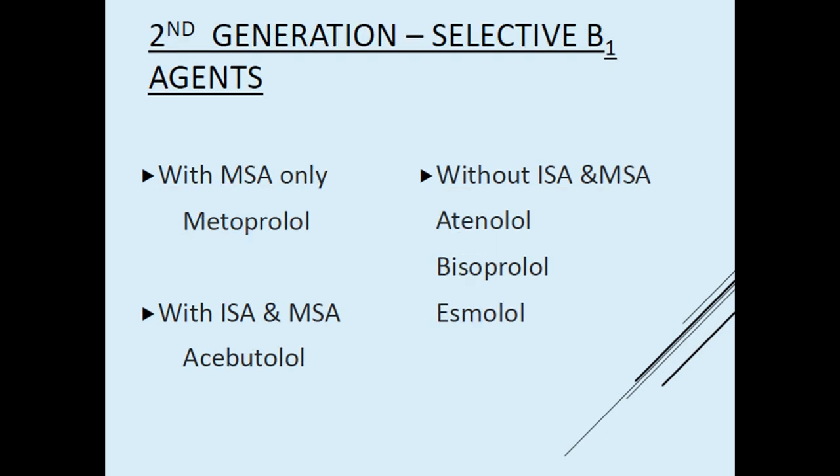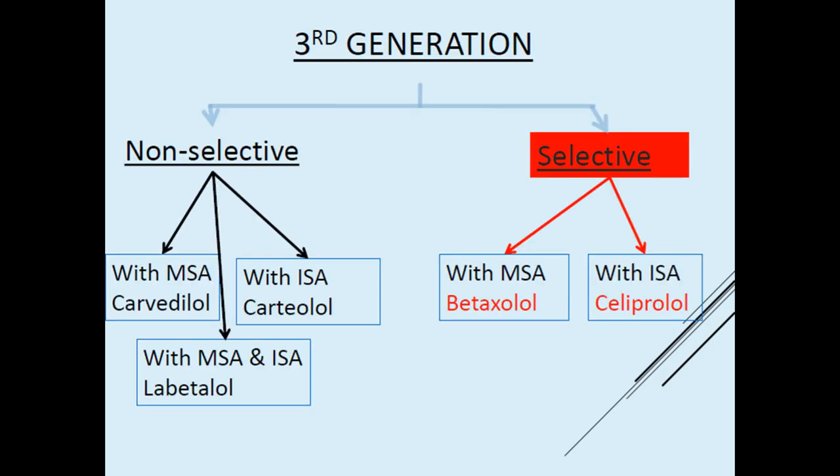Then we come to the second generation selective beta 1 agents: metoprolol with membrane stabilizing property only; acebutolol with intrinsic sympathomimetic activity along with membrane stabilizing activity; and without intrinsic sympathomimetic activity and membrane stabilizing activity, atenolol and esmolol.